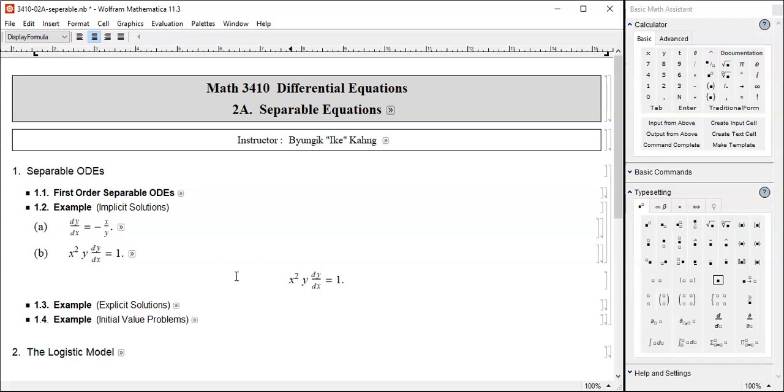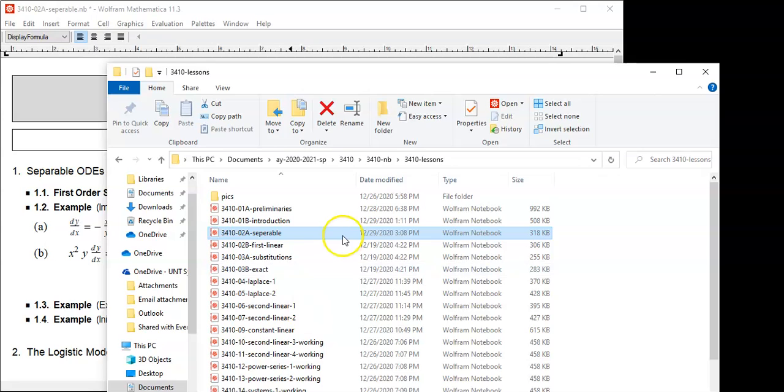How about the next problem? Okay, let's do it. Oh, by the way, haven't we seen this problem before? I think we have. Let's go to previous lessons.